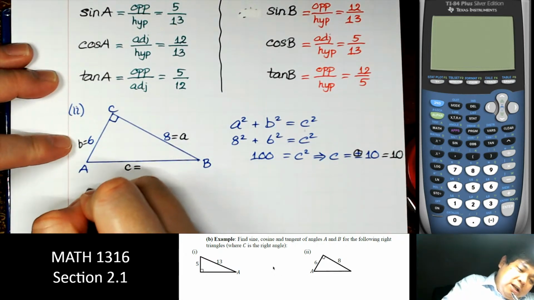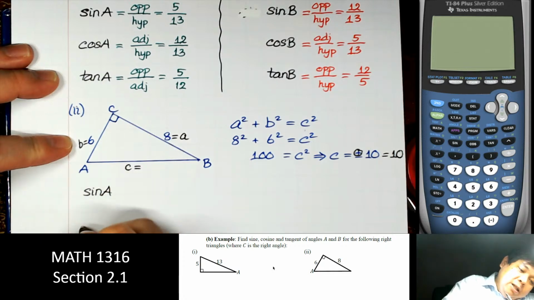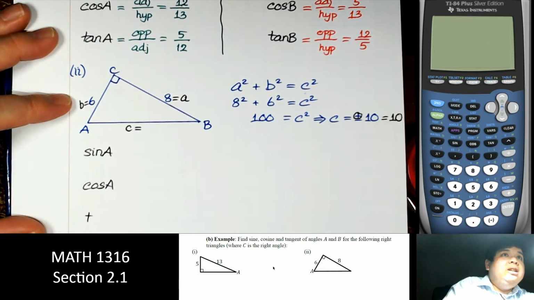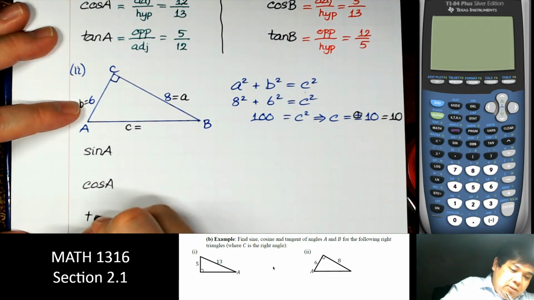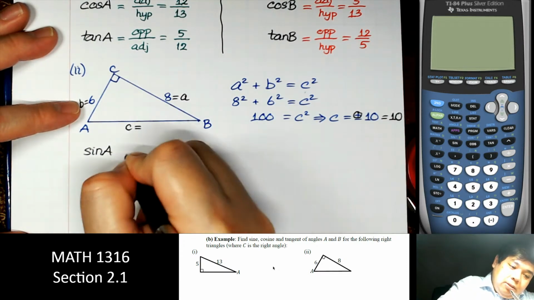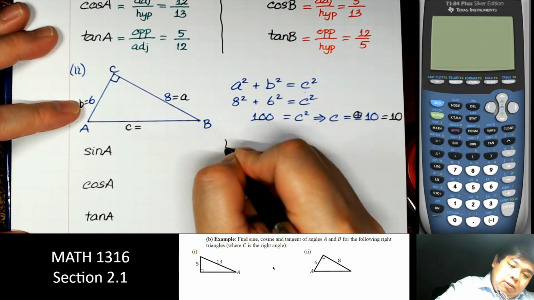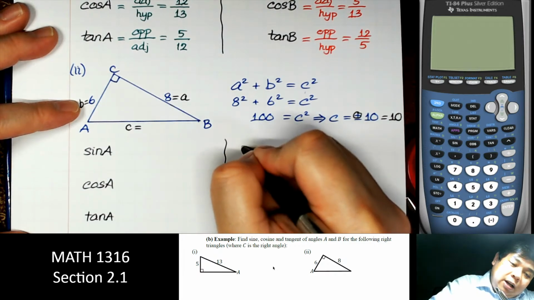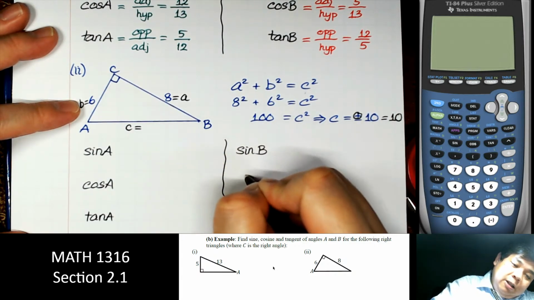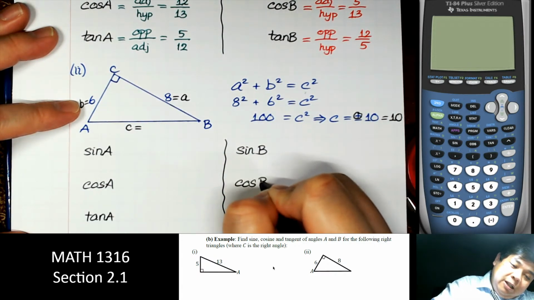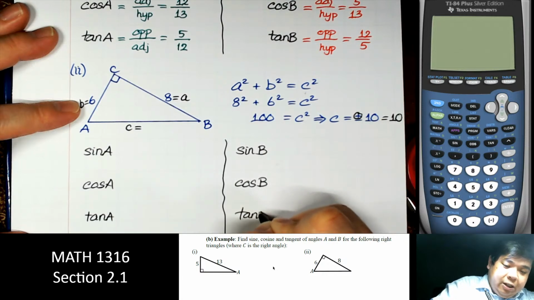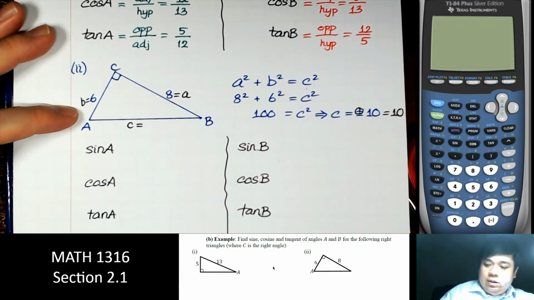Now we have sine, cosine, and tangent of A. Sine B, cosine B, and tangent of B. Right.